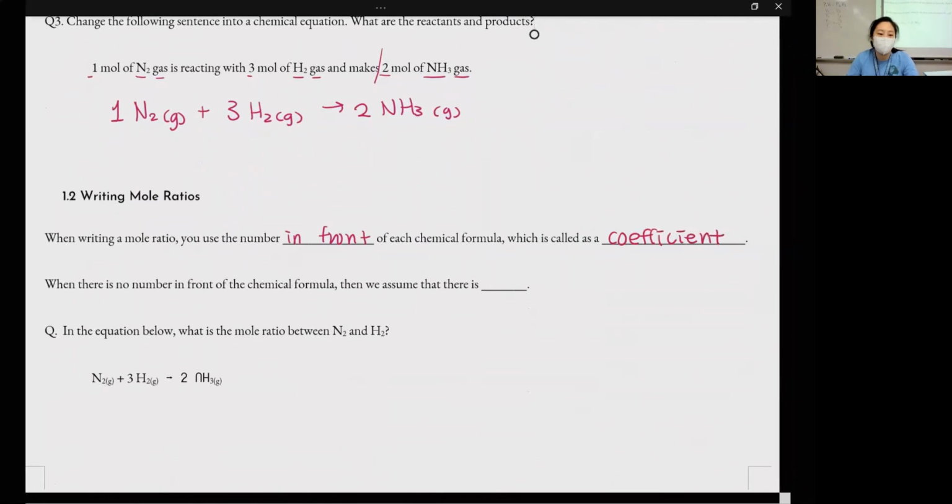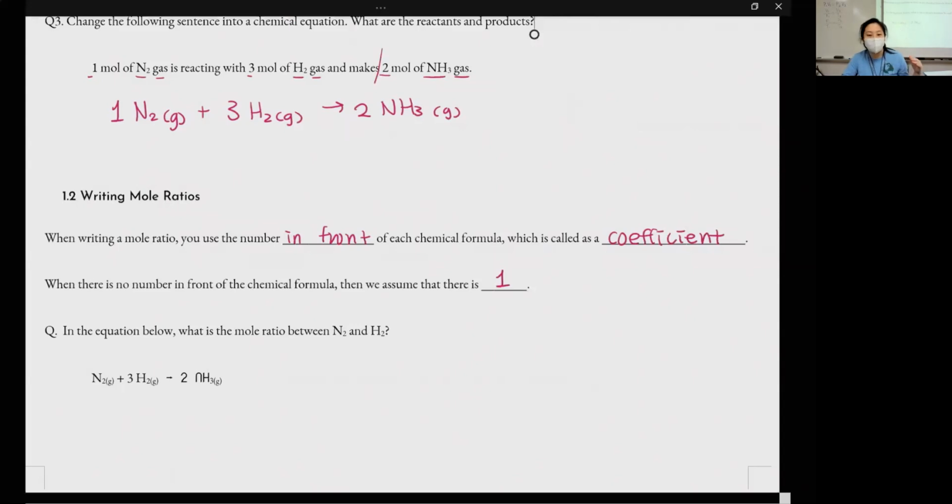It is a coefficient that is in front of a chemical formula. When there is no number in front of the chemical formula, then we assume that there is a 1.